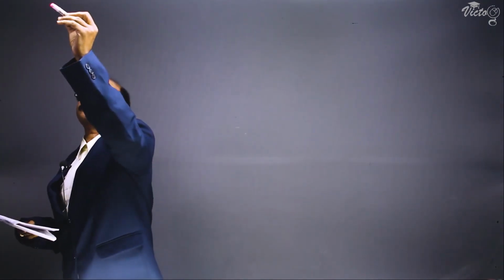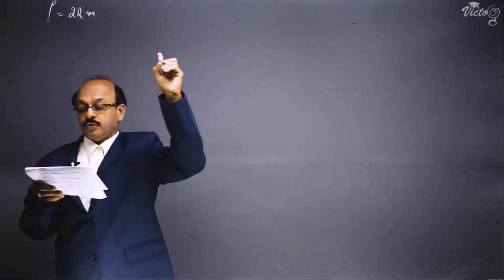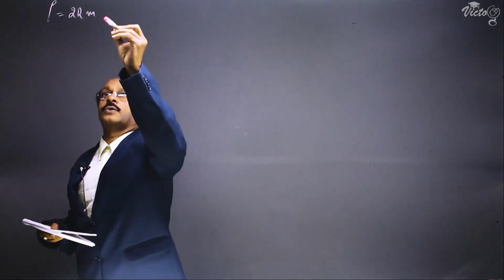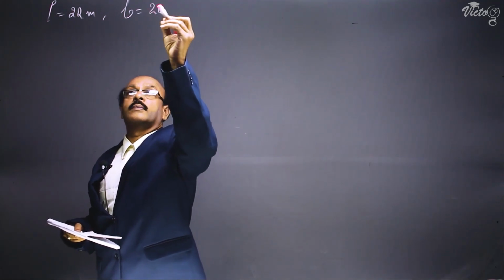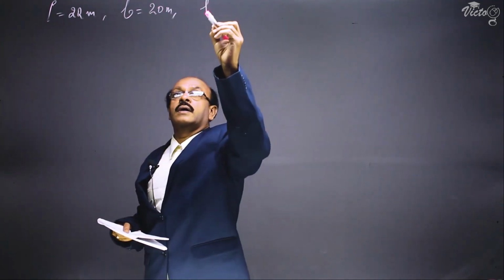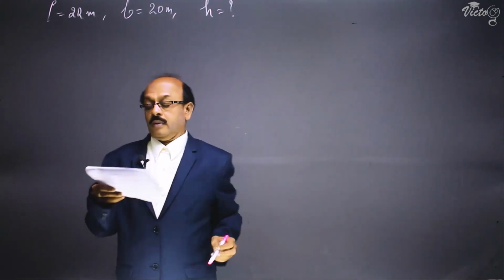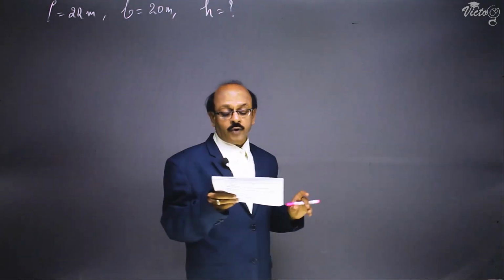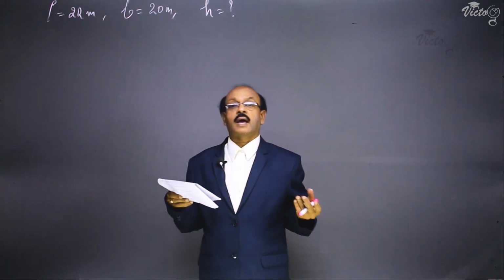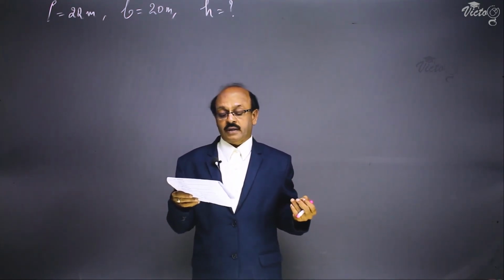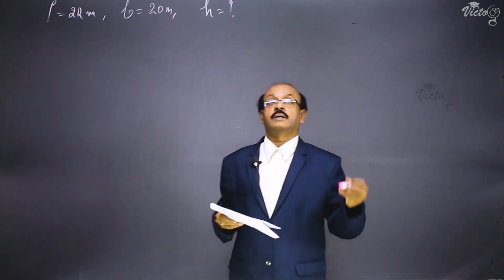Length is equal to 22 meter and breadth is equal to 20 meter. We have to find the height. And water from this system is stored into a cylindrical tank whose diameter of the base is 2 meter.